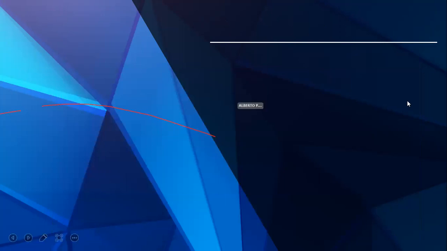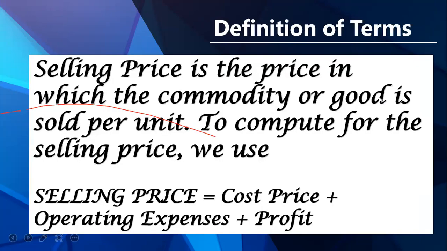Next is the selling price. Selling price is the price at which the commodity or good is sold per unit.